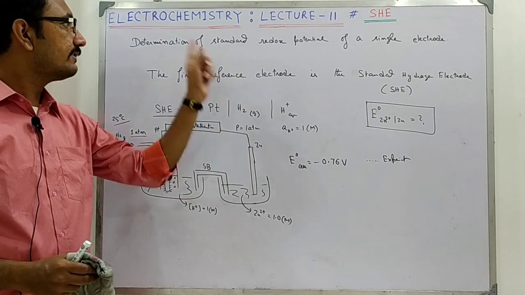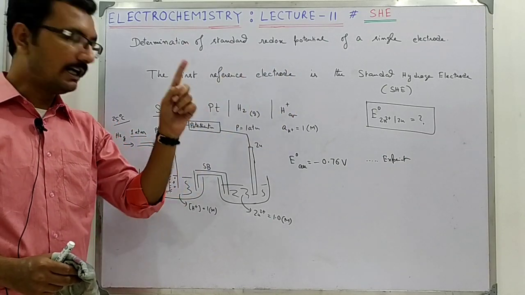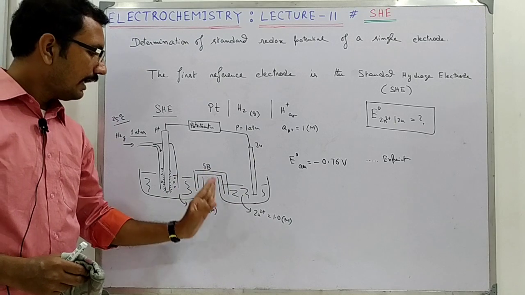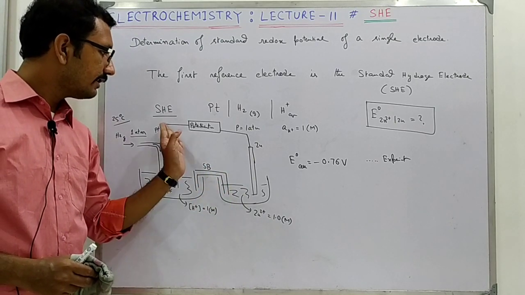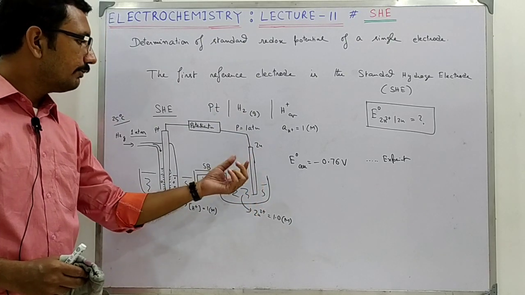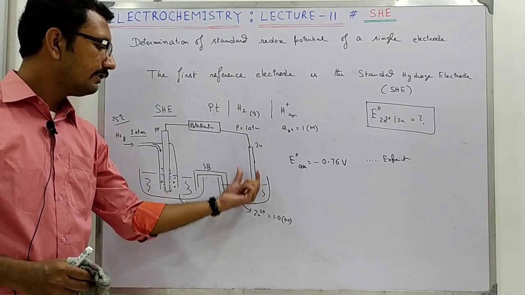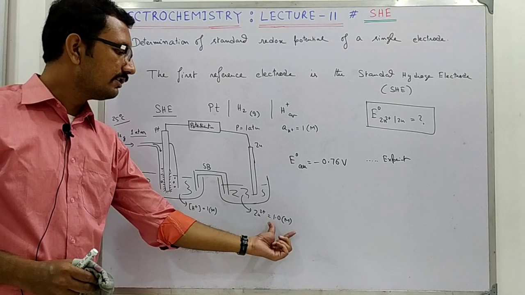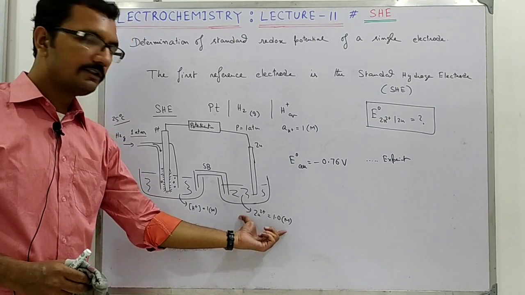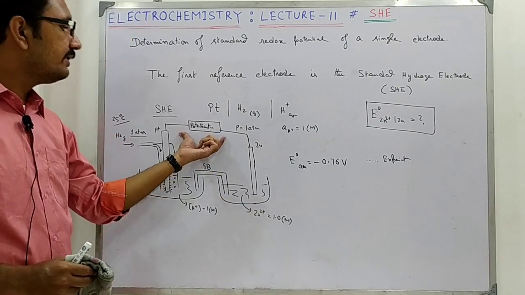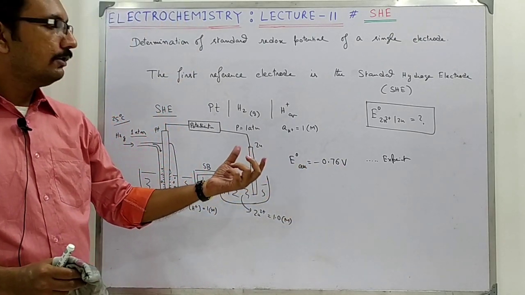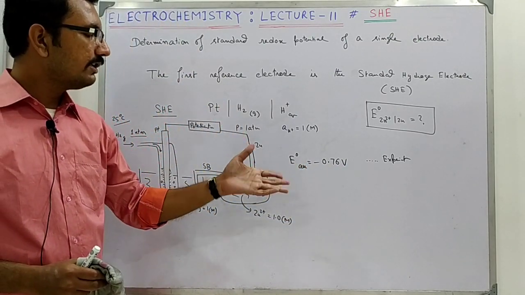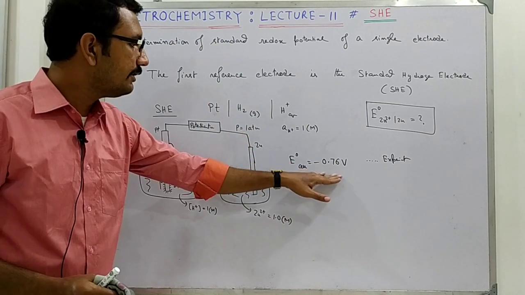We want to know the standard electrode potential of a half cell, and that half cell is connected internally by the salt bridge and externally with the help of a potentiometer. Now, if this is a zinc electrode dipped in Zn2 plus solution having concentration 1.0 molar, that is in the standard state, then the potentiometer is giving a reading of minus 0.76 volt. Not reduction, not oxidation, this is the reading from this machine.